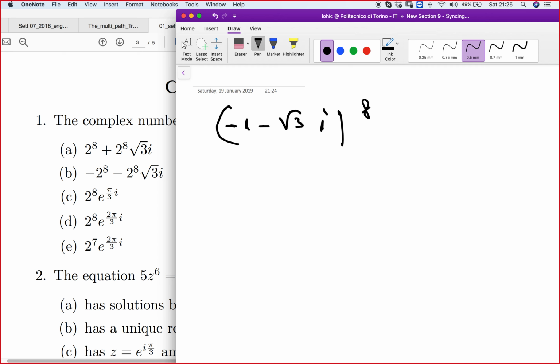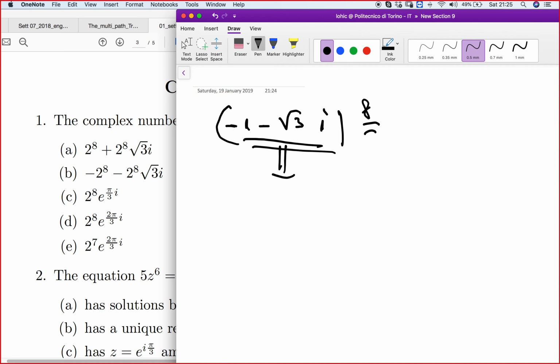That's why, anytime you have such a high power of a complex number, the best thing to do is to move from the algebraic form to the exponential form.